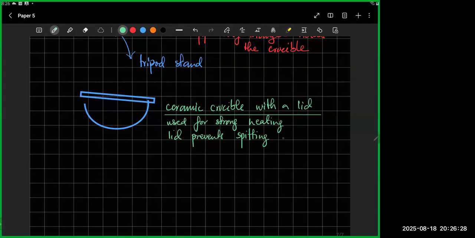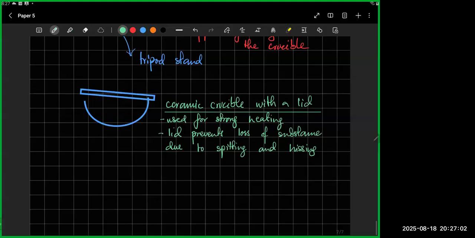So lid prevents loss of substance due to spitting and hissing. So while you're strongly heating, it's jumping around. So the lid prevents loss of substance due to spitting and hissing.